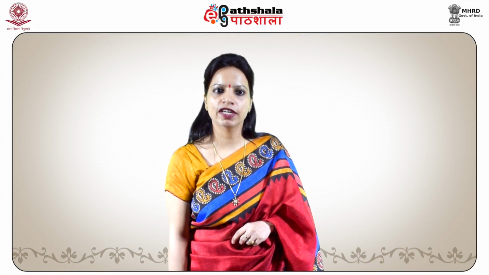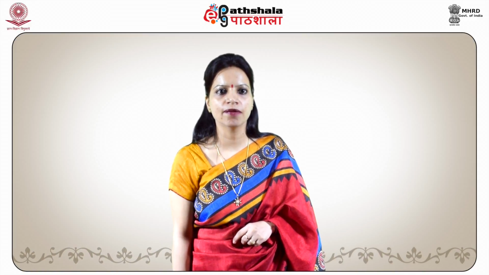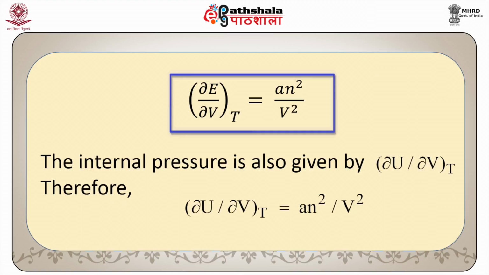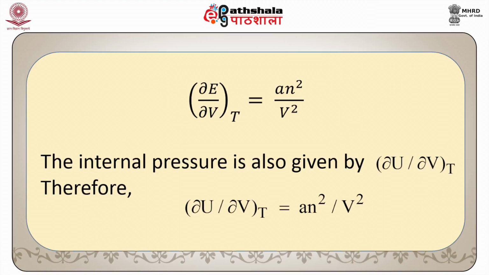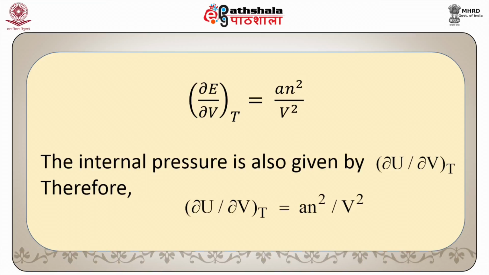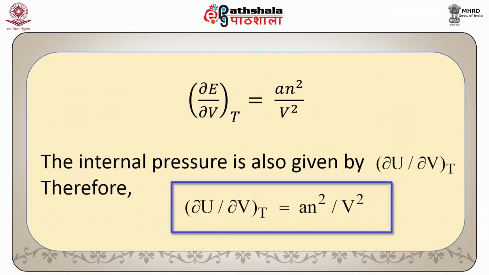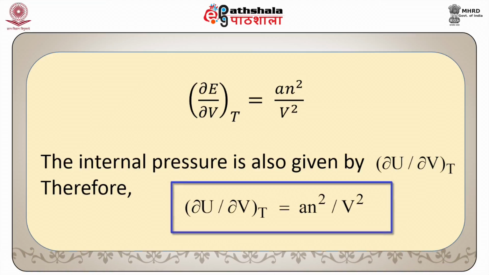(∂E/∂V) at constant temperature is the internal pressure for a van der Waals gas and is given by (∂E/∂V) at constant temperature equal to an²/V². The internal pressure is also given by (∂U/∂V) at constant temperature. Therefore, (∂U/∂V) at constant temperature is equal to an²/V².